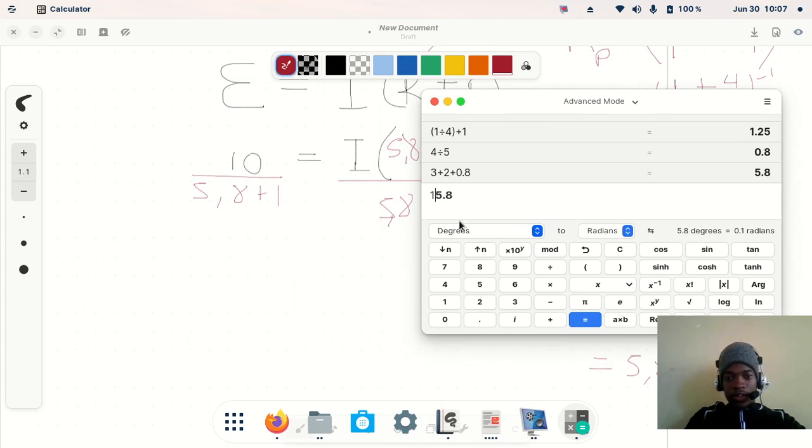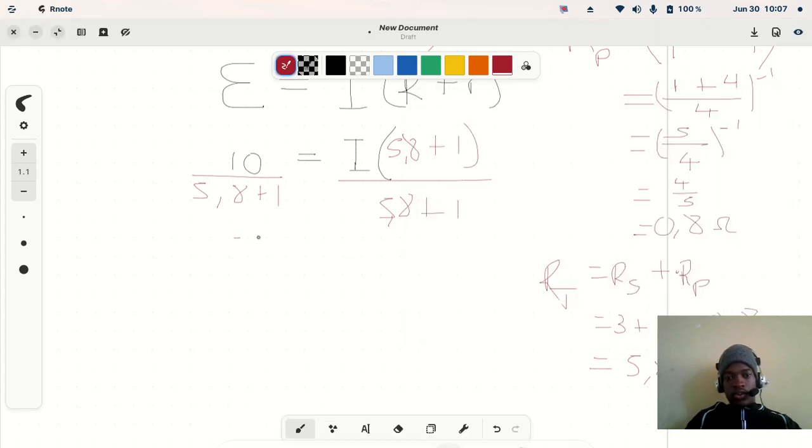So this is just 10 divided by 5.8 plus 1, close that bracket, and get 1.47. So my current is 1.47, and remember this is amps because this is current that we were calculating.